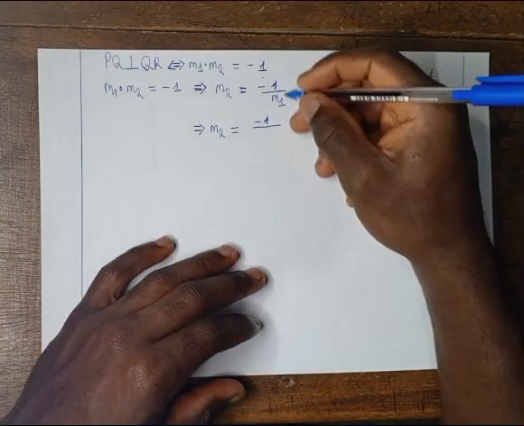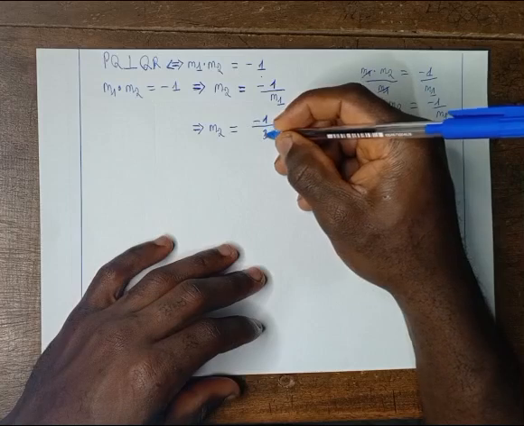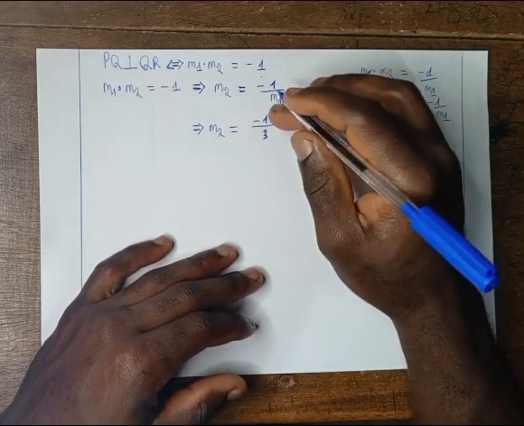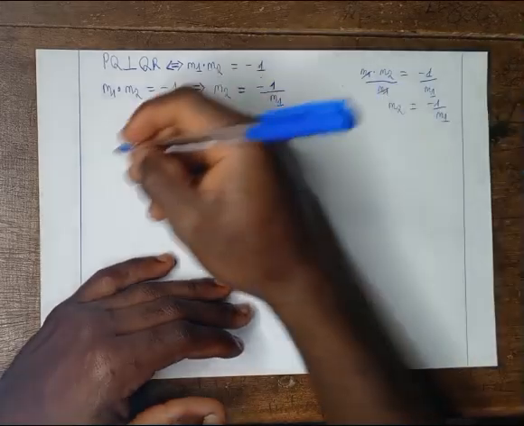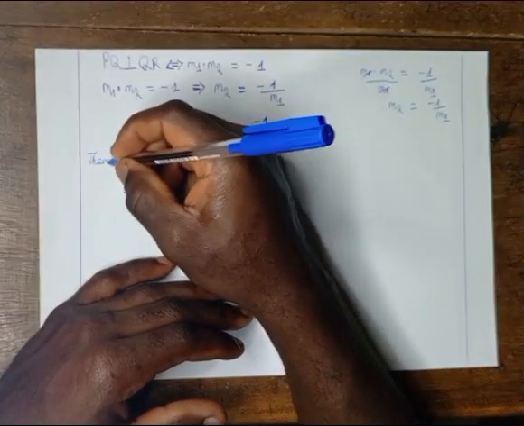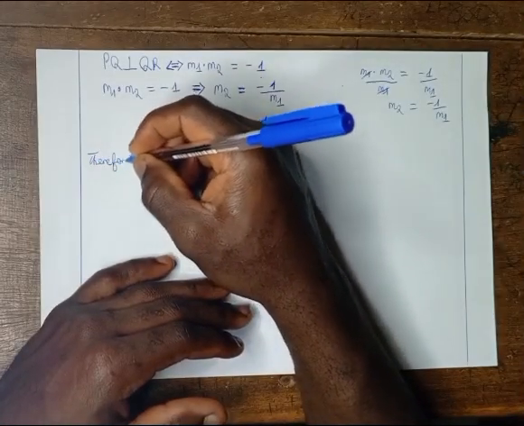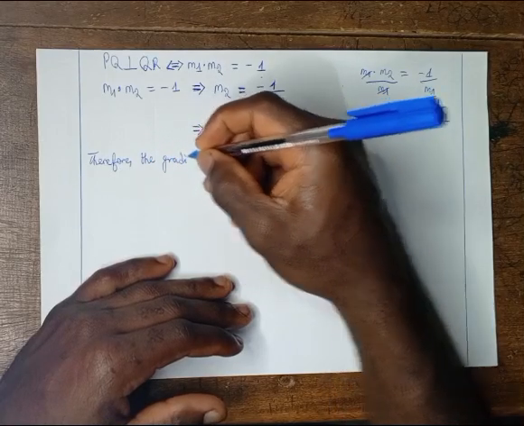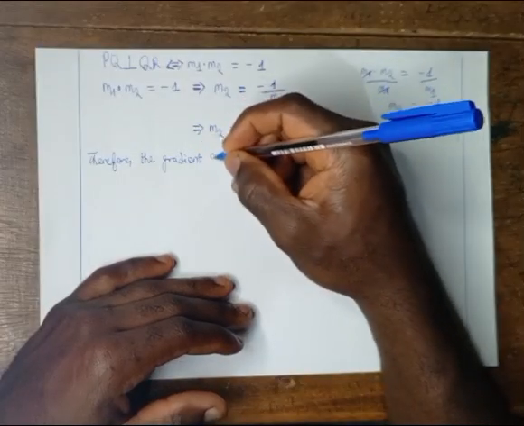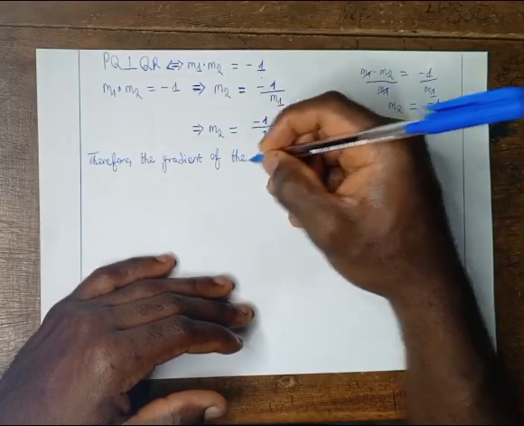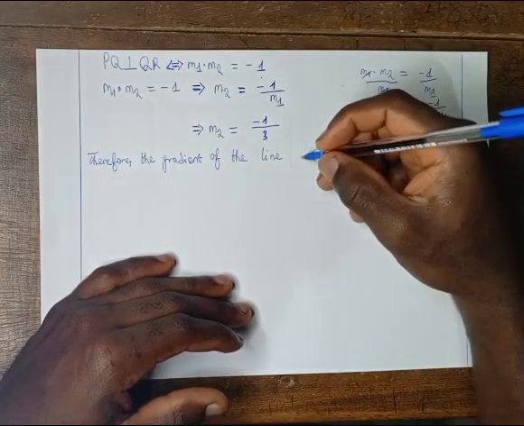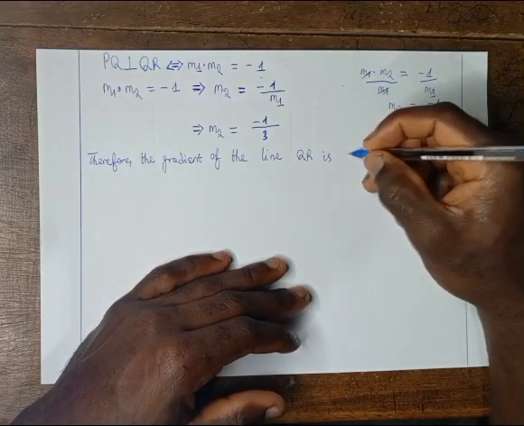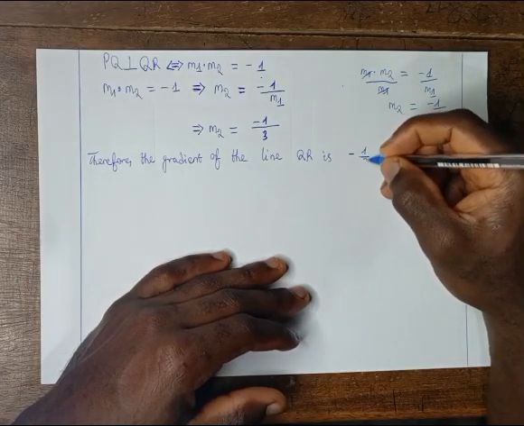I will simply replace m1 with 3, and this will give us the gradient of the line QR to be -1/3. Therefore, the gradient of the line QR is -1/3.